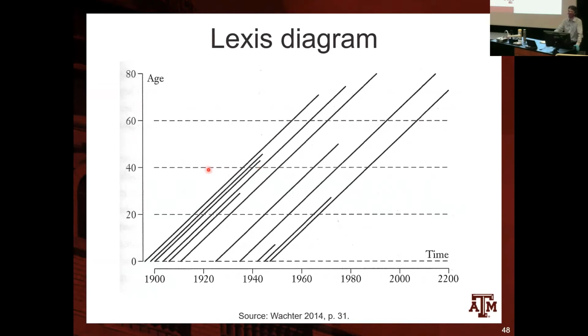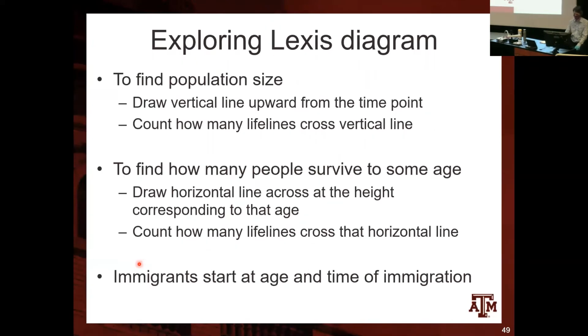I could say, based on all the data that's available in this Lexis diagram, how many people reach the age of 60? But yeah, really good observation. This person was born before 1900. So it's good that you understand the logic. That's what I wanted you to do. Thank you very much. That's cool.